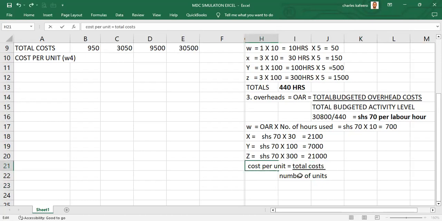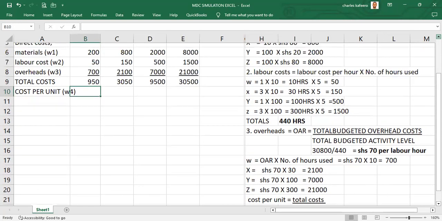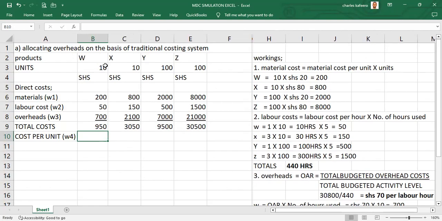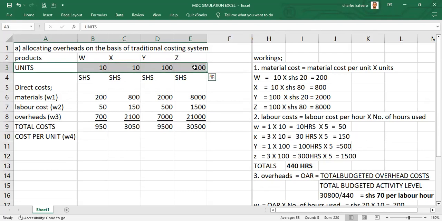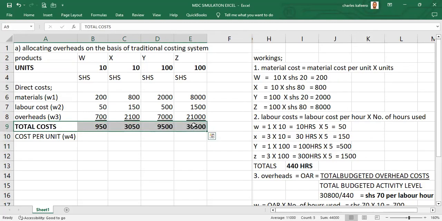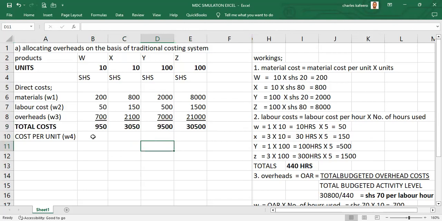These are total costs. So we are getting this one from here. We have already our costs that we've used. These are our number of units that we produced for each product. And this is the total costs that we've incurred in the production of all those units. So what we need to do is, by getting this, we divide by this.